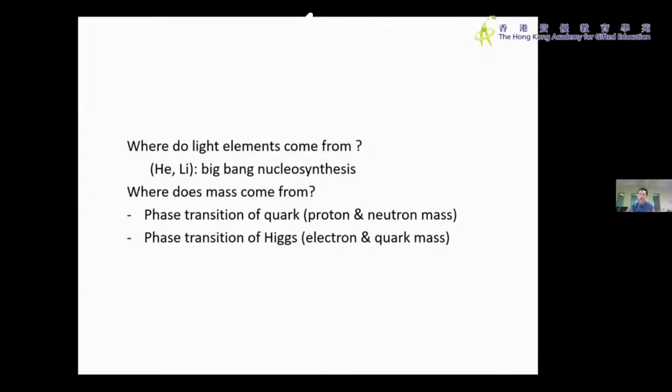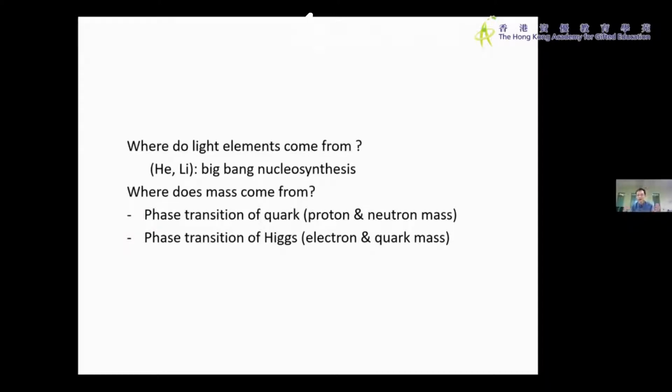And actually, in our early universe, because it is about such high energy states, there are so many origin problems which can be answered, including, for example, where the first ever elements come from, okay?